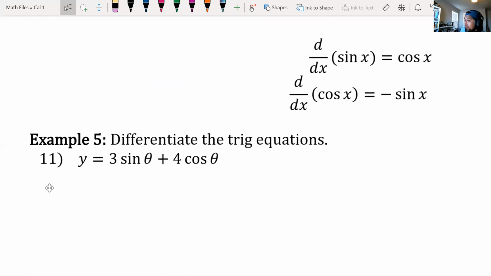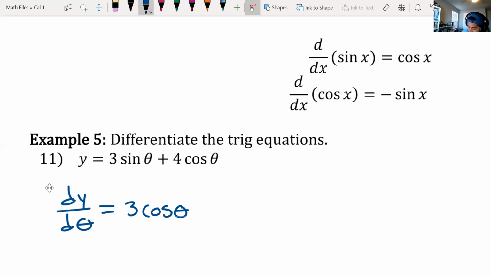So for number 11, y equals 3 sine theta plus 4 cosine theta. And to play with notation, I'll say the derivative dy over d theta. What is the derivative of 3 sine theta going to be? 3 cosine theta. What is the derivative of 4 cosine theta going to be?